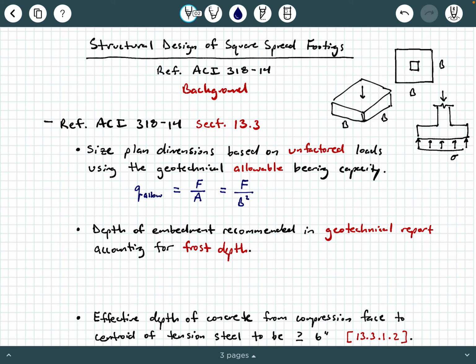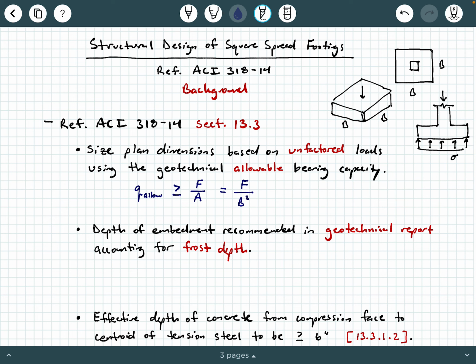Now in reality, I'll erase this. What I really want is that allowable bearing pressure to be bigger than or equal to that force divided by area here. And so from this, we can rearrange this relationship and solve for that base dimension B. So you can do this as a structural engineer or the geotechnical engineer can do this for you. But again, we're talking about unfactored column loads.